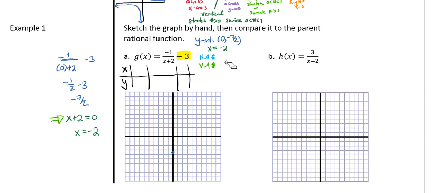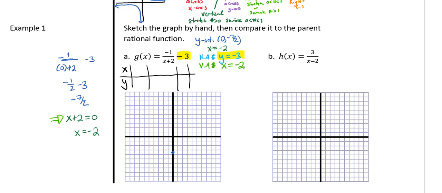Our horizontal asymptotes are actually going to be a y equals. And our vertical asymptotes are going to be the x equals, because vertical means going up and down, which crosses at the x. So that's where we'll have our -2. So again, that's the biggest mistake that people make. So I wanted to point that out before we got too much farther.